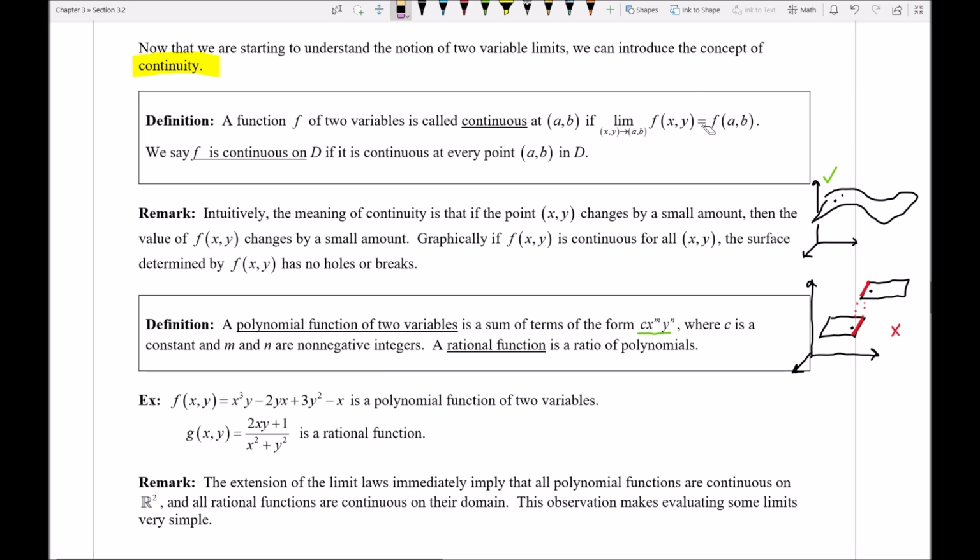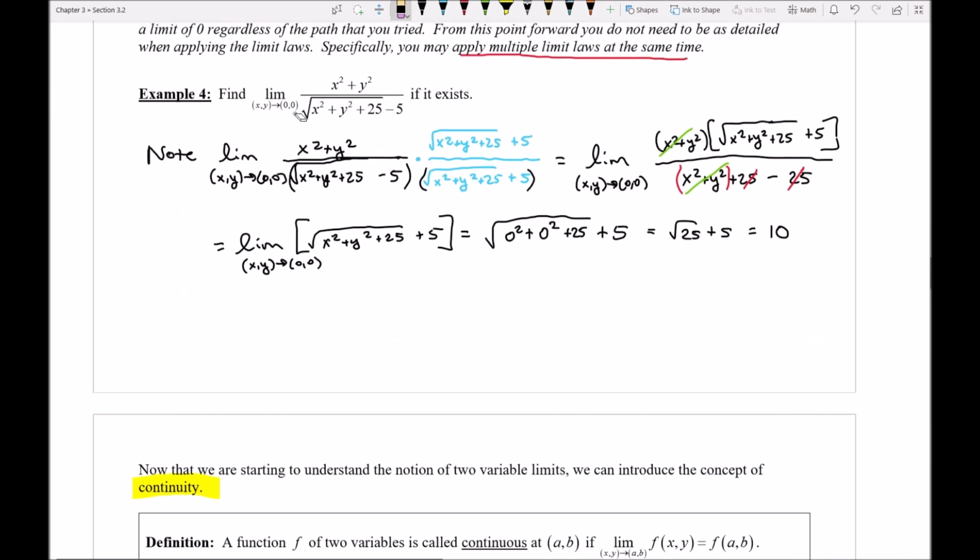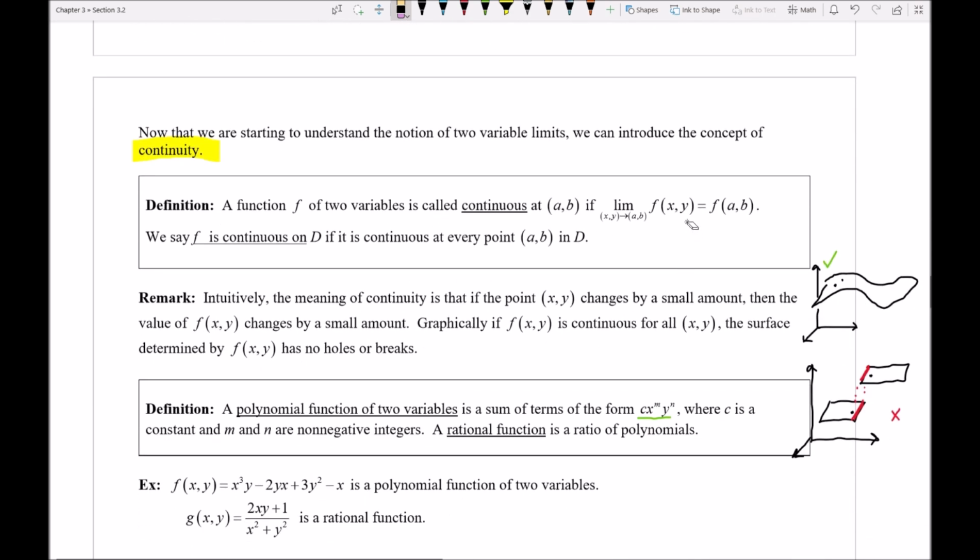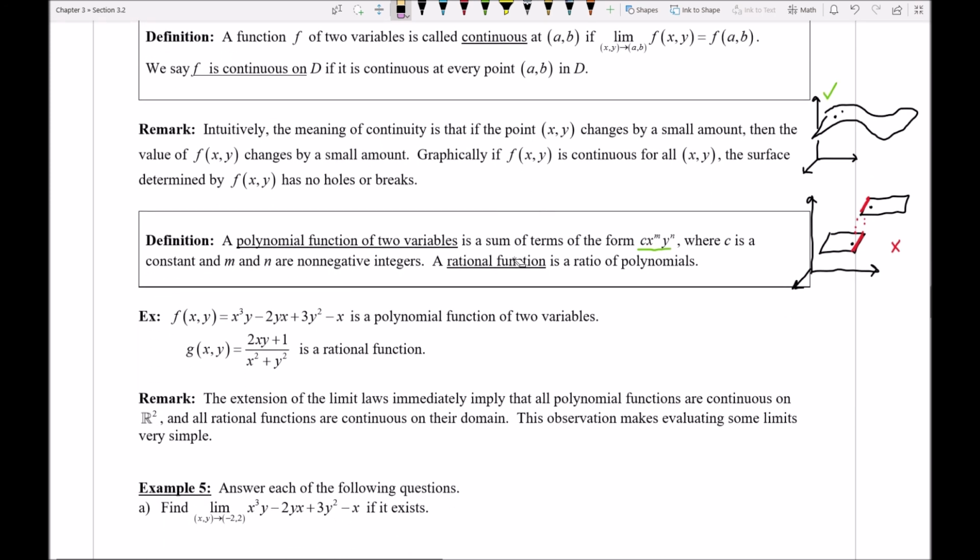Because it's continuous, I know it should be equal to f of 1, 2. That's the same as just plugging in 1 and 2. So remember, I said back here that we can't just plug in 0, 0. That doesn't work. But I can plug it in if I already know I'm working with a continuous function. And right now, polynomial functions and rational functions are continuous.